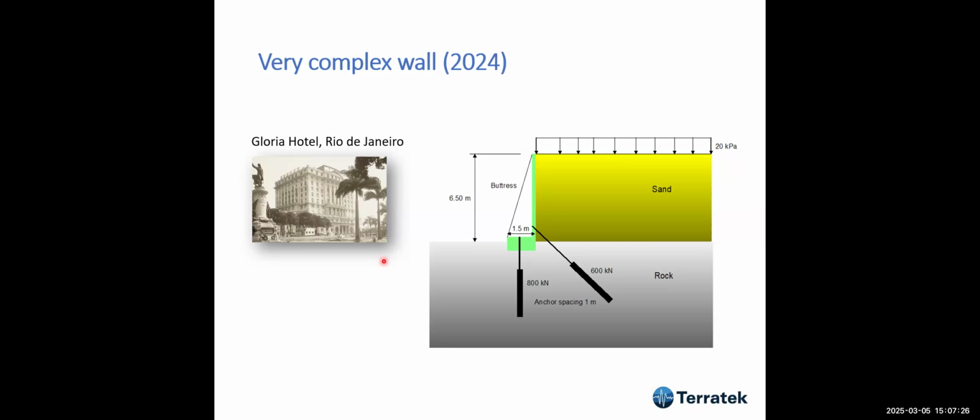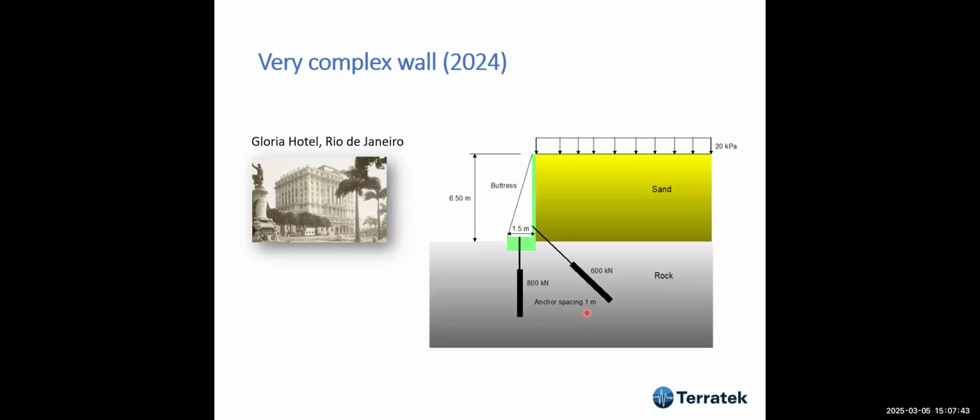And this was one of the most complex I have done because we didn't have space. Here there was the foundation of the walls. We couldn't have tiebacks here because of the possibility of going through the foundation.